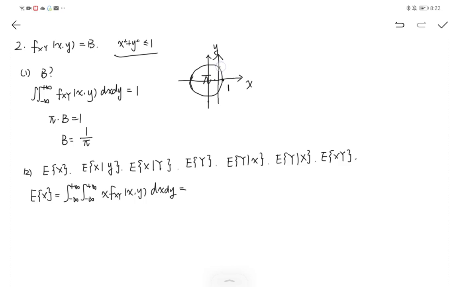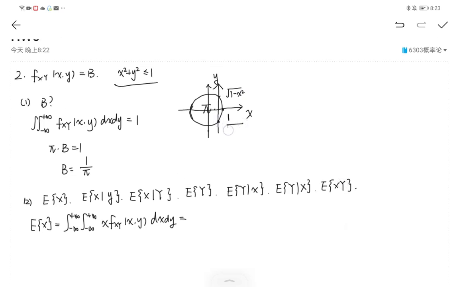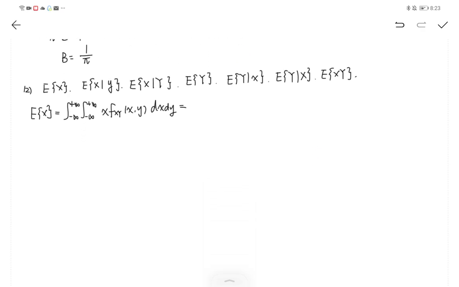So this upper limit is square root of 1 minus x to the power 2, and this lower limit is minus that. So it equals the integral over the range.